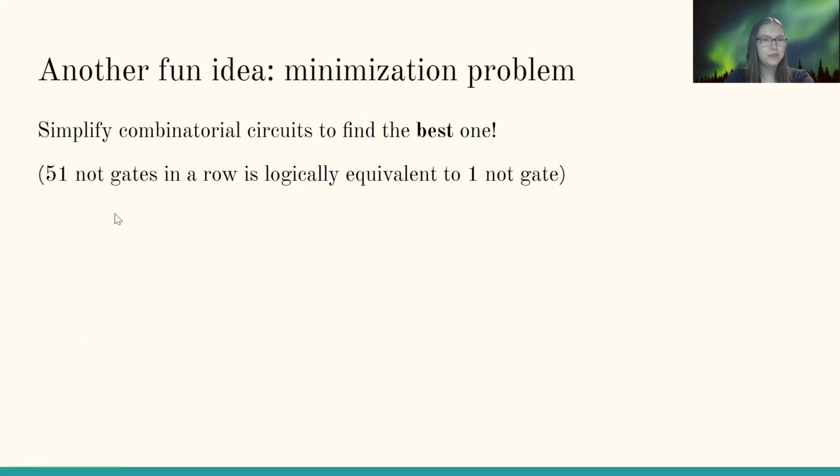So for example, 51 NOT gates in a row is logically equivalent to one NOT gate. So if we had that kind of issue, I mean, maybe there's a reason to have 51 in your combinatorial circuit. But if not, we can definitely make that better, maybe saying better is a little rude, but we can minimize it. So that's all I had for this topic.